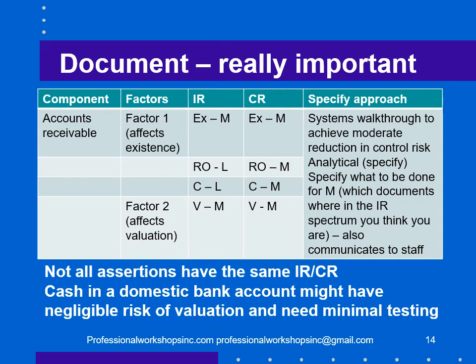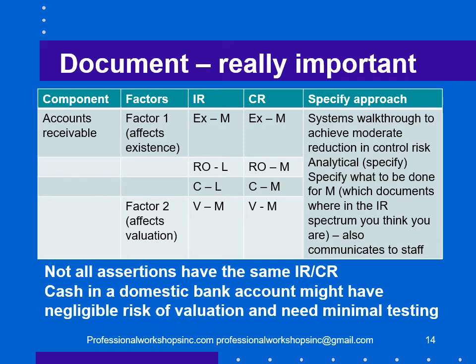And that, by the way, if you think about it, if you say, well, I think it's moderate, and here's what I want to do in response to that, that will specify where you are on the spectrum of inherent risk. And also it provides communication to staff. So not all assertions have the same inherent and control risk, so it's important that we write this down.